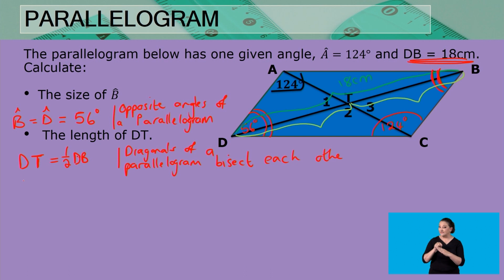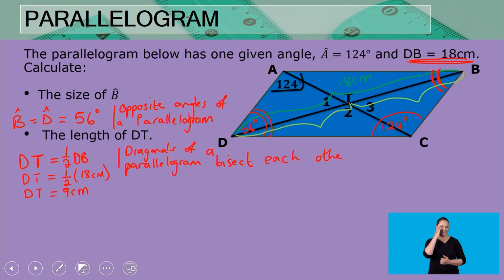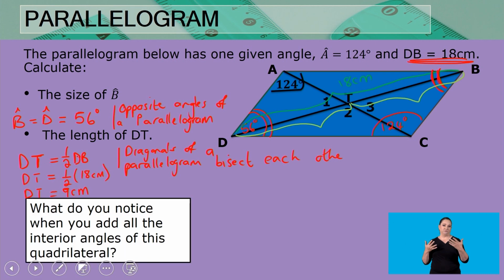So what does this mean? It means that DT is equal to half of 18 centimeters, which will give us a final answer of DT is equal to 9 centimeters. So now we know that DT is equal to 9 centimeters. Now we've calculated all the angles in this parallelogram, including half of one of the diagonals.